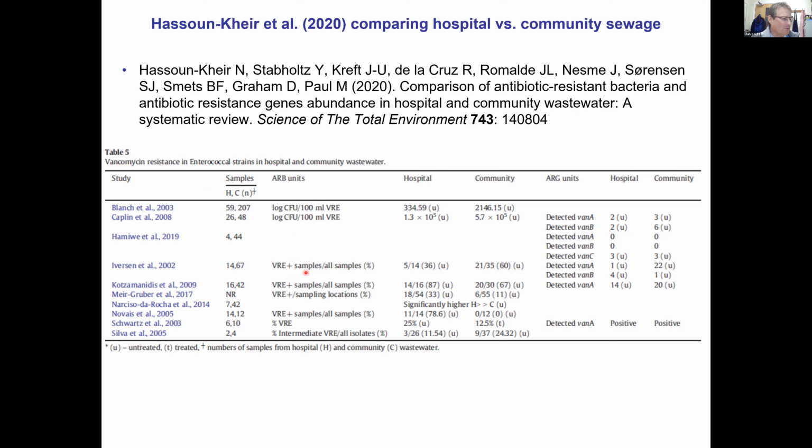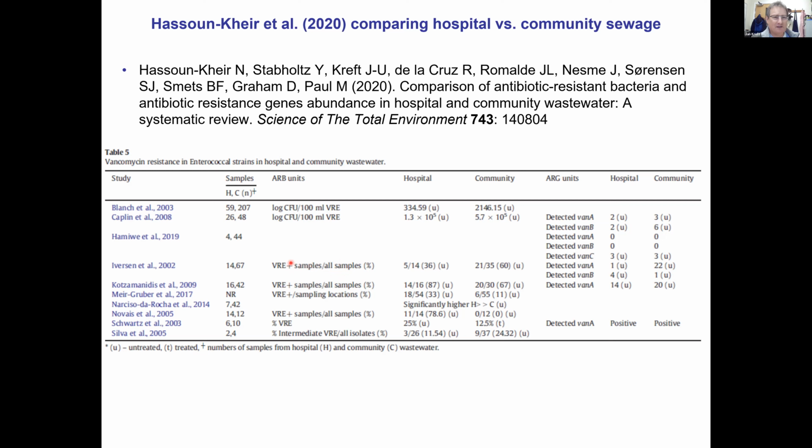Another common one was the number of positive samples out of all samples. Now that's a very different way of reporting this, and depends a lot on the volume of the sample. You know, the larger your volume, the more likely you're going to detect something that is very rare in the sample.